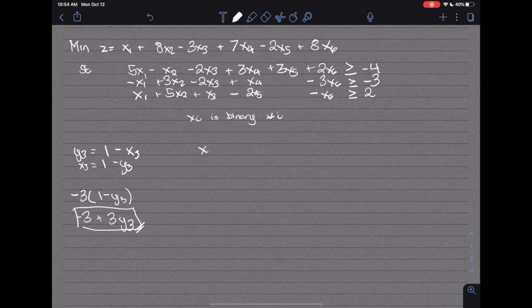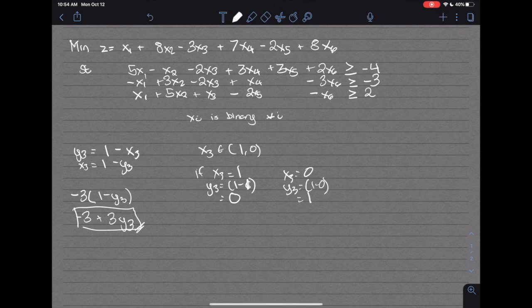Again, x3 can only be the value of 1 or 0. If x3 is equal to 1, y3 will be equal to 1 minus 1, which will be equal to 0. If x3 is equal to 0, y3 will become 1 minus 0 or 1. Therefore, y3 is still a binary variable. So given this transformation, we are able to transform the negative coefficient to positive and keep the variables binary.